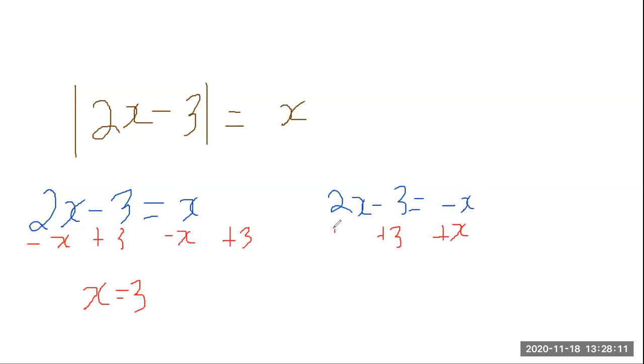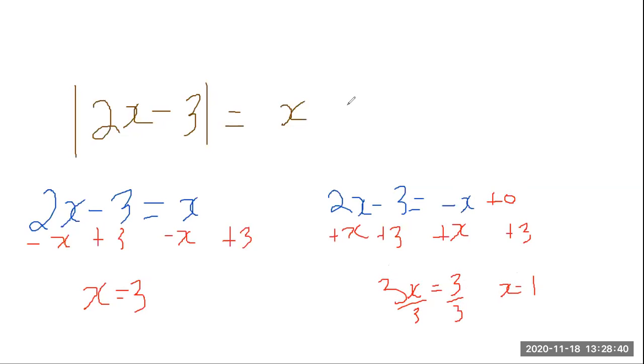I'll do a plus x, and then there's a plus 3 right here somewhere. Technically, there's like a plus 0, but why do I need to write plus 0? All right, so 3x is equal to 3, and then you divide both sides by 3. So x is equal to 1.